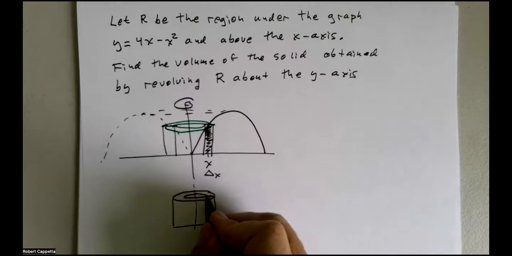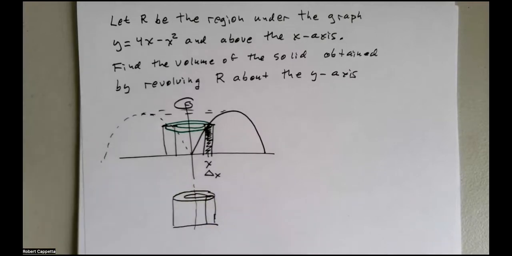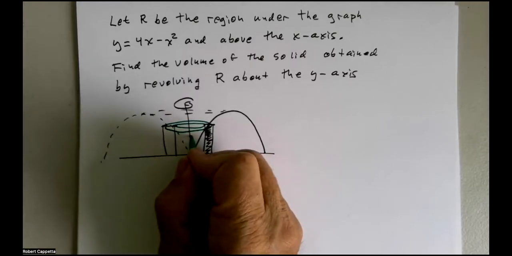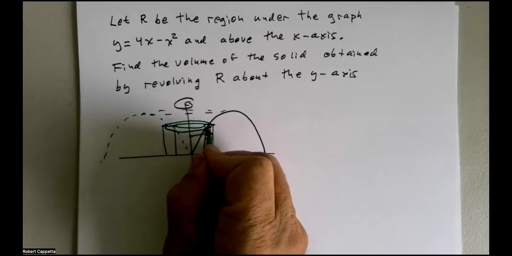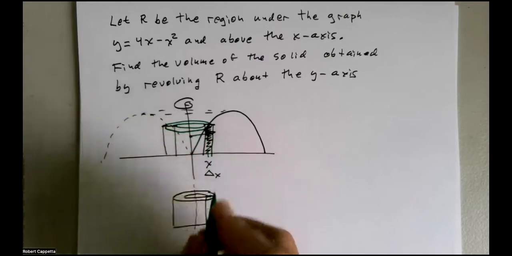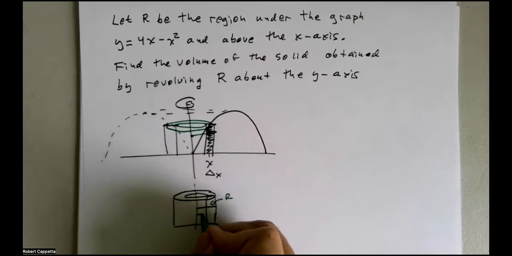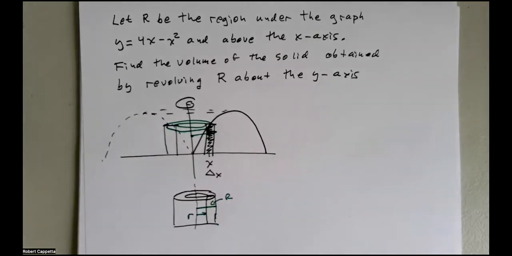It's a little hard to see, but we have two cylinders. We have the outer cylinder and the inner cylinder. To go from here, the axis of rotation, to the outer edge, that's big R. So from here to here is big R, and from here to here is little r. That's going to be important for us.